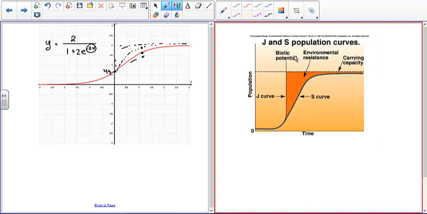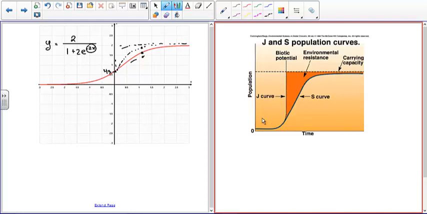And here are J and S population curves. I guess the J curve is probably the exponential growth, and you see it increases really quickly.